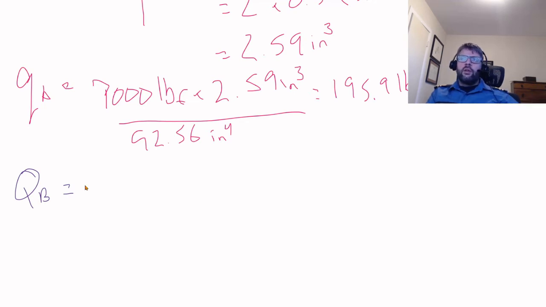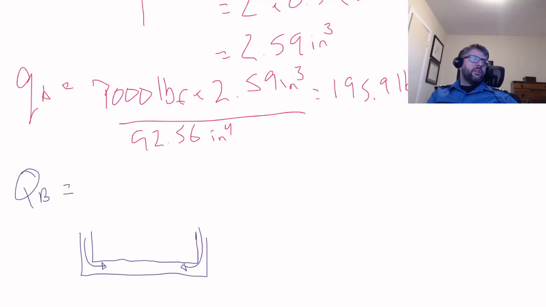Here, let me sketch what's going on here. So essentially, we're going to have shear flow going this way and shear flow going this way. It's symmetrical, so the easiest way to do it would be to calculate the shear flow based upon this entire Q and then just divide by 2.